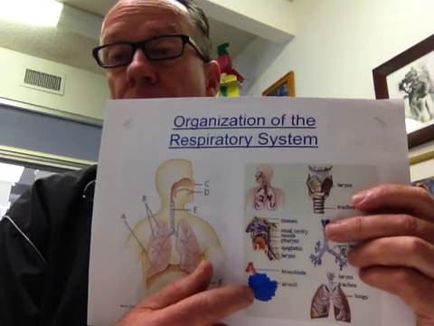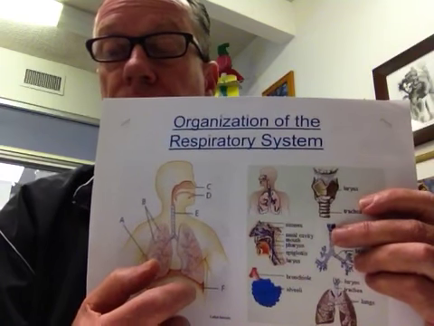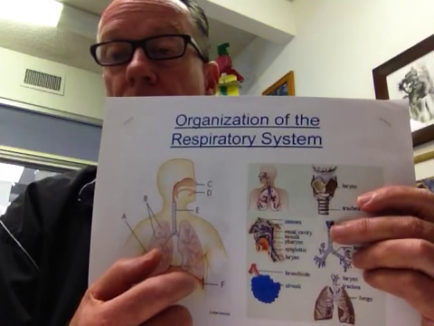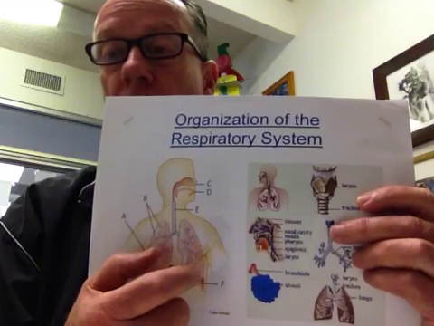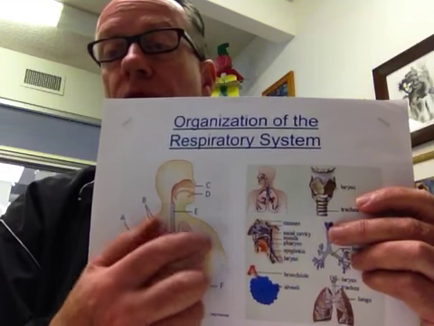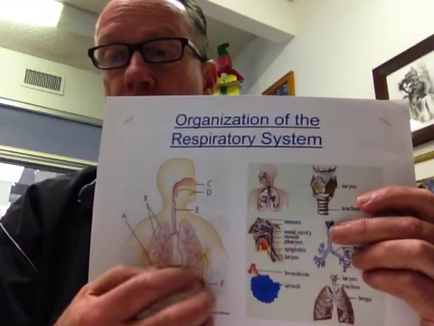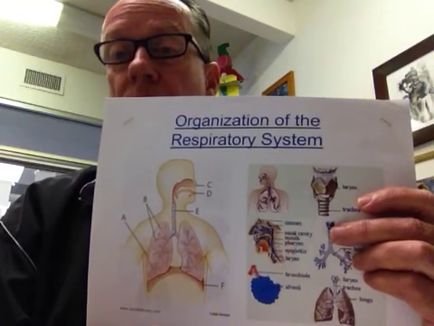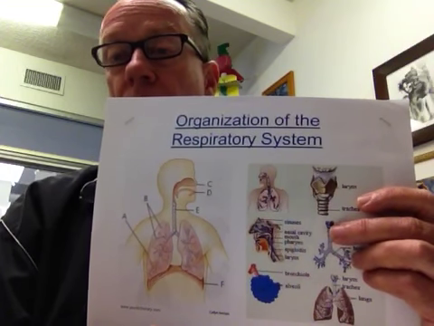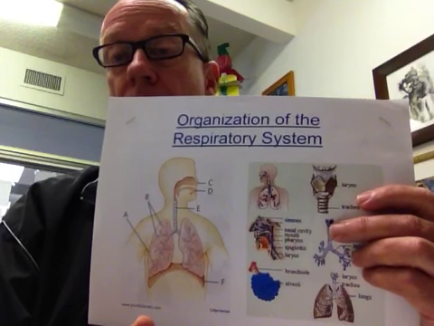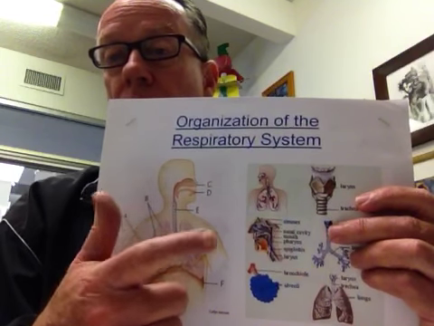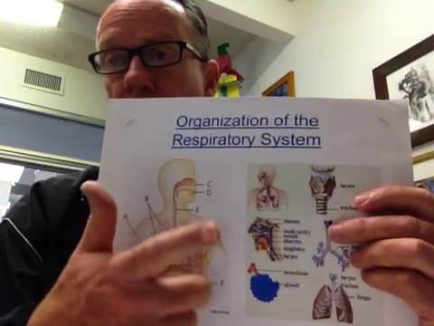So the supplying of oxygen, the oxygenation of the blood for dissemination through the cardiovascular system, and then also the elimination of deoxygenated blood or giving up of carbon dioxide is important to us.